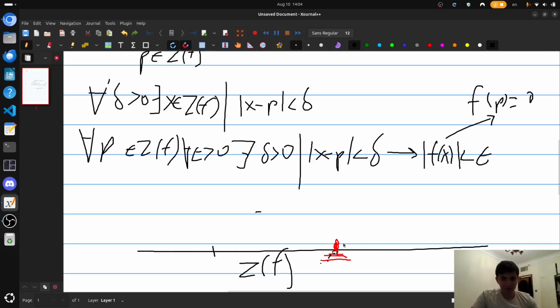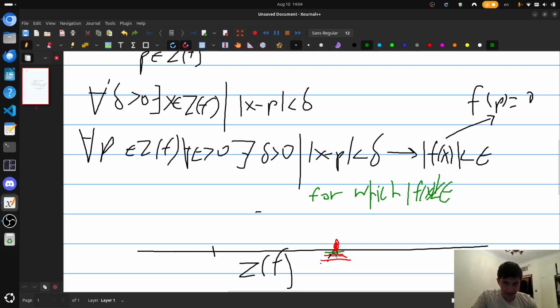And now for each of these points we can take another neighborhood for which absolute value of f of x is less than epsilon.